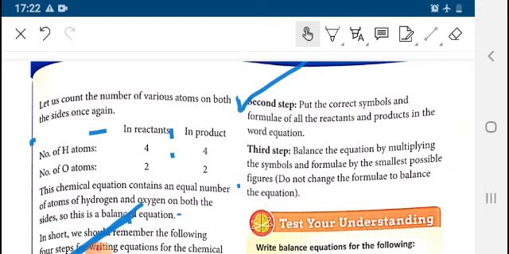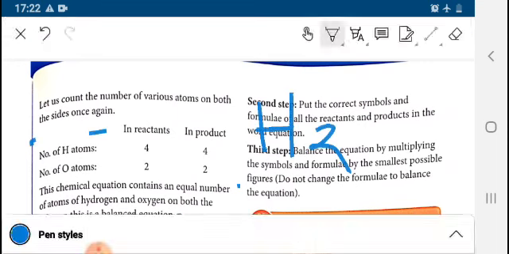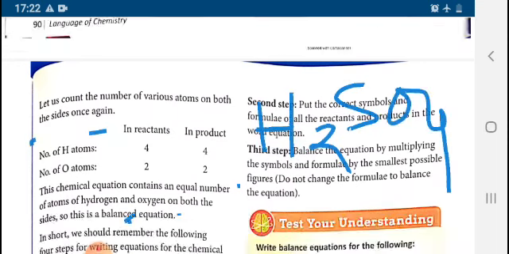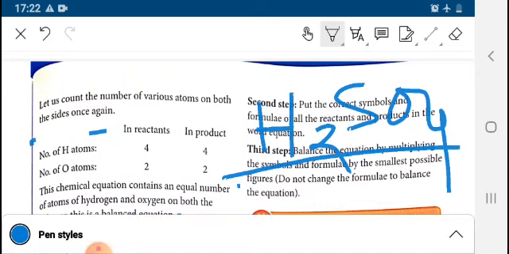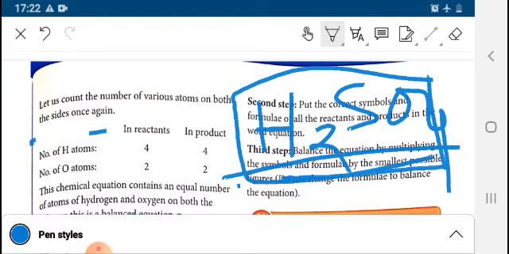Do not change the formula. The formula should not be changed. You have to keep in mind that the formula should not be changed. Suppose H2SO4, this is the formula of sulfuric acid. While balancing, you do not have to change this formula, because sulfuric acid is H2SO4.